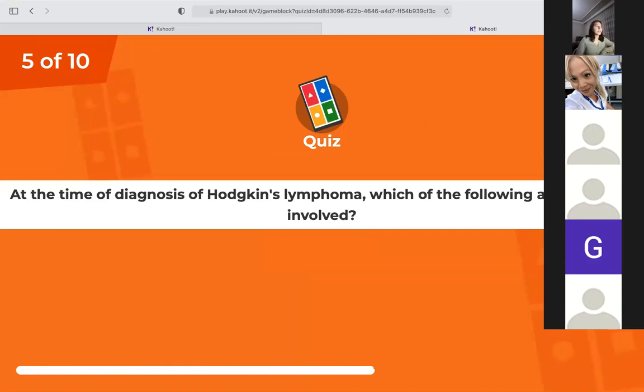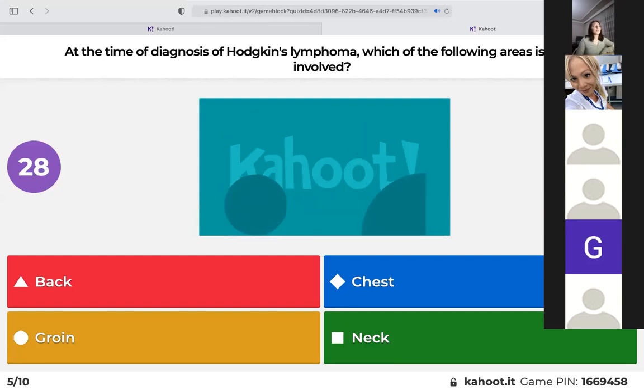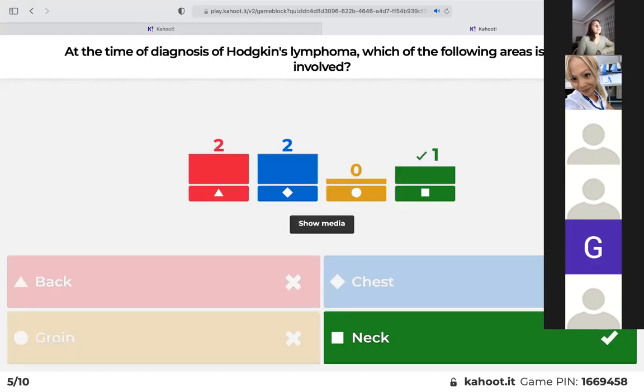At the time of diagnosis of Hodgkin's lymphoma, which of the following areas is often involved? Neck.